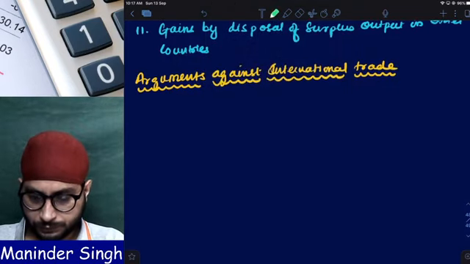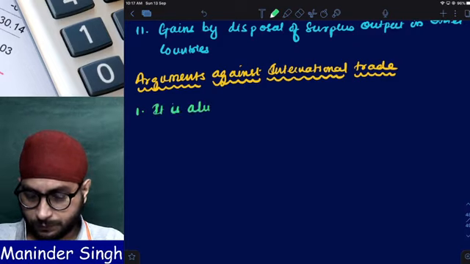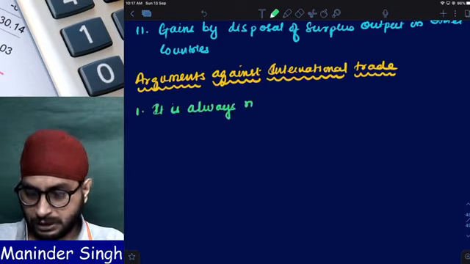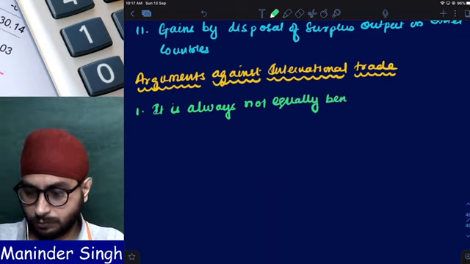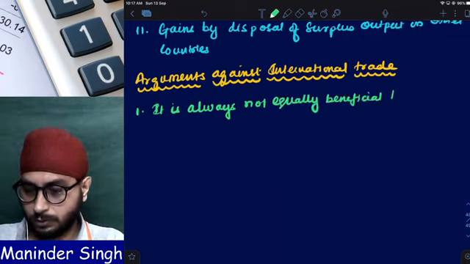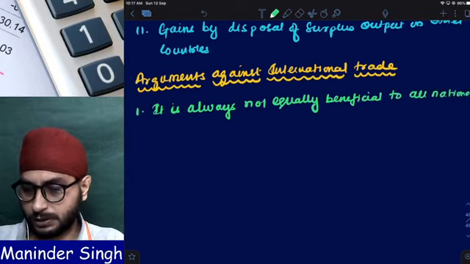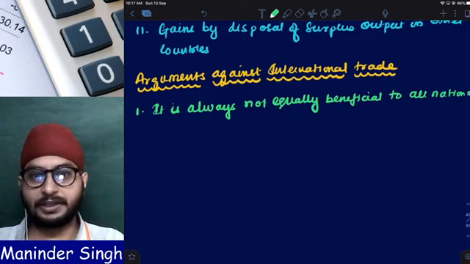Reason number one. It is not always equally beneficial to all nations. Clear? To all nations. Now let us say, for example, India and China.